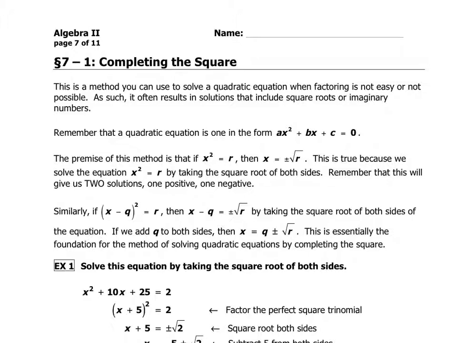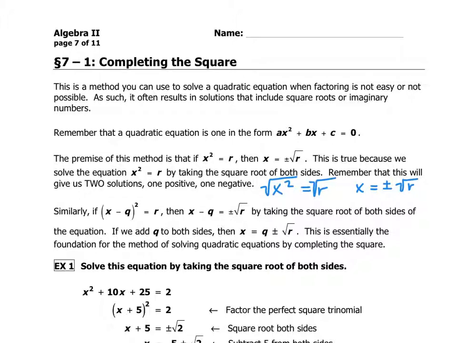Remember, when we looked at the equation x squared equals r, the way we solved this was to take the square root of both sides. The square root of x squared gives us x, and this would give us two solutions, one positive, one negative, and then the answer would be whatever the square root of r is.